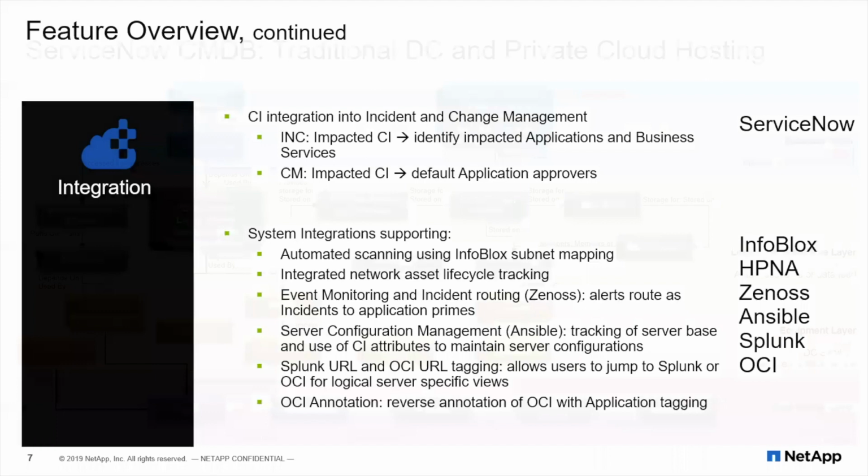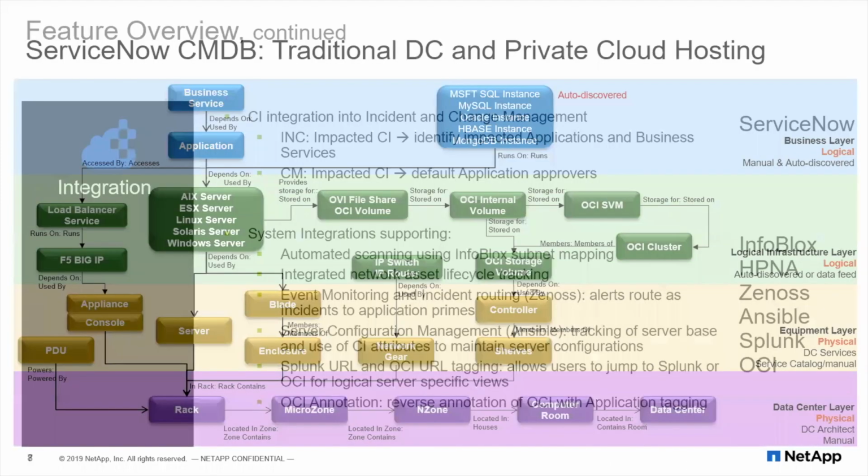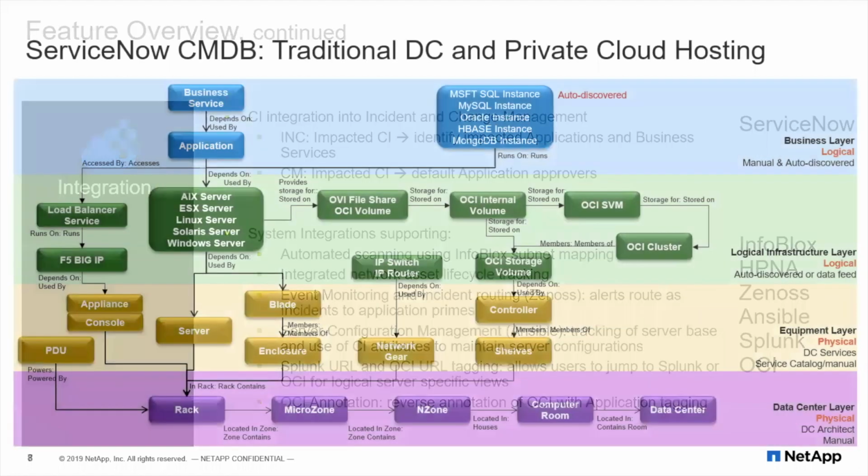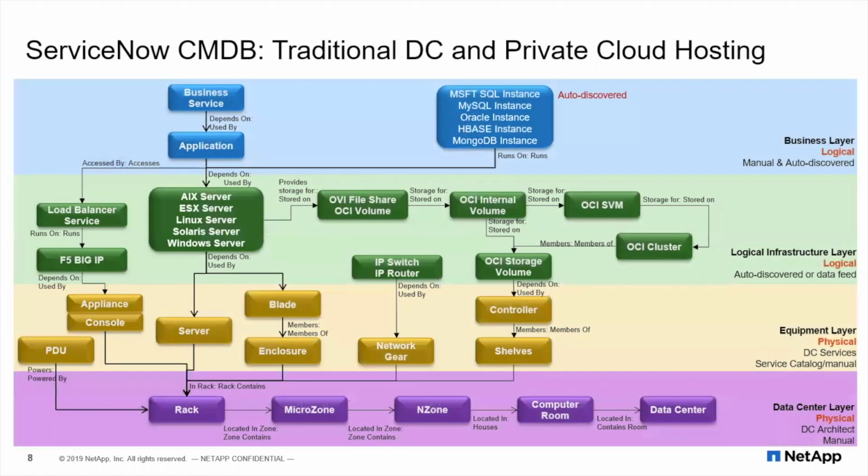So this picture is a bit complicated because it has so many boxes and lines, right? But it really represents the infrastructure that every company has. Down at the bottom, we have our physical representation of our data centers. Each box basically represents a class of data.